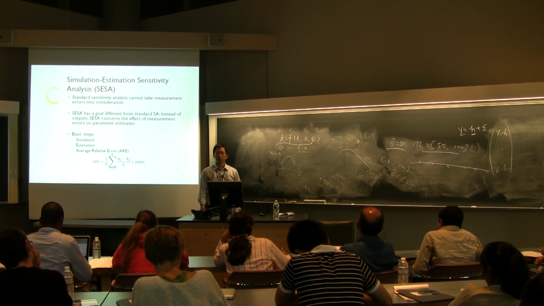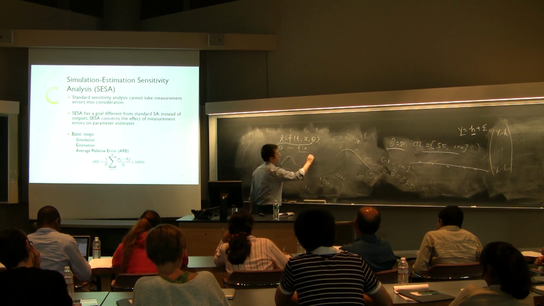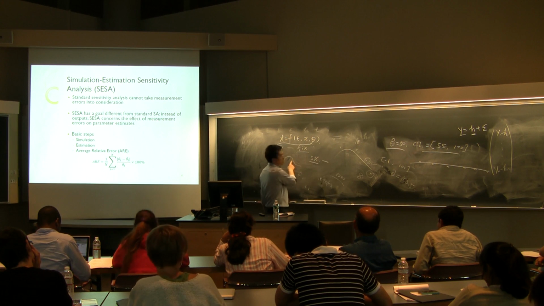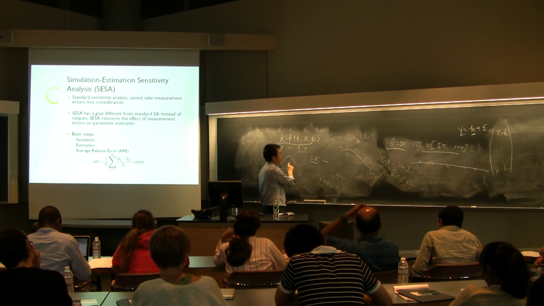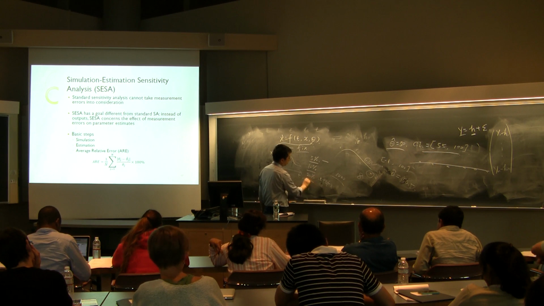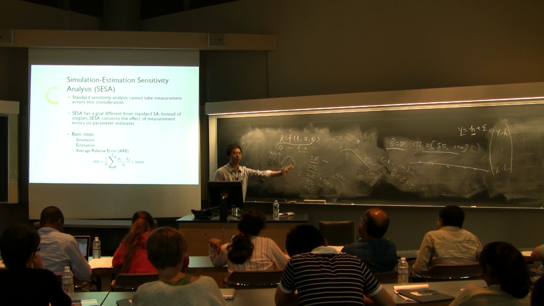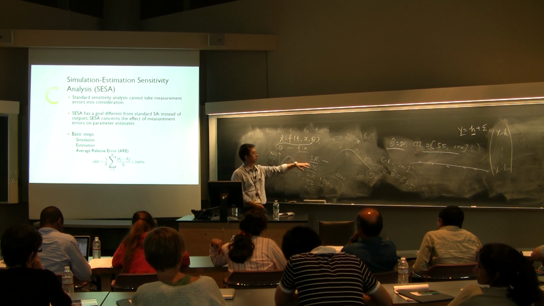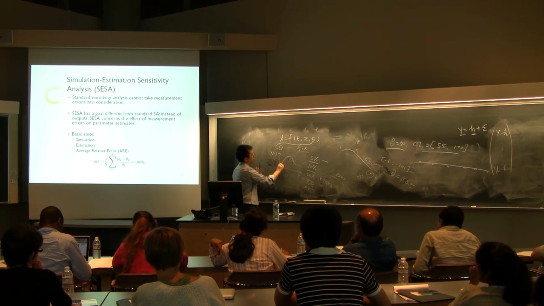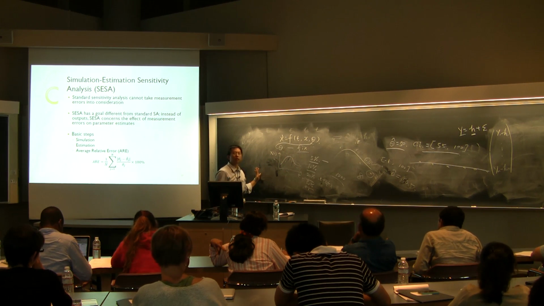After this, what I'm going to do is add different levels of noise. For example, I add 5% noise. This 5% is with respect to this curve. I add 5% noise, then I add 10% noise, then I add 20 or 30. I add different levels of noise by generating random numbers, so you will generate a simulated data set.